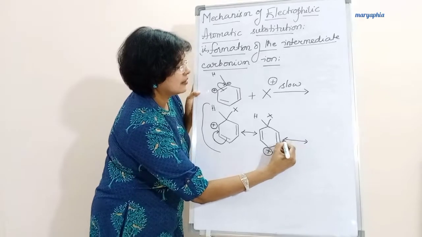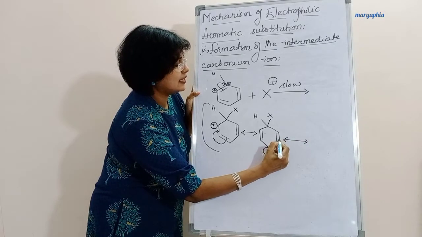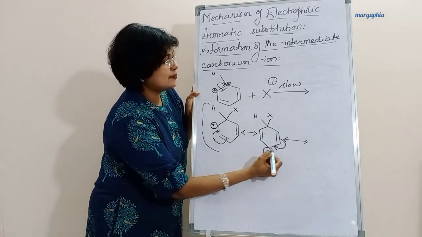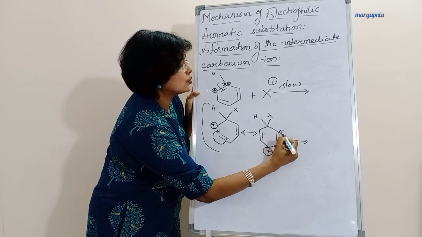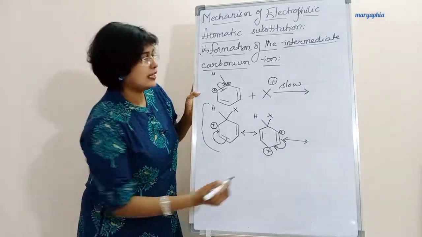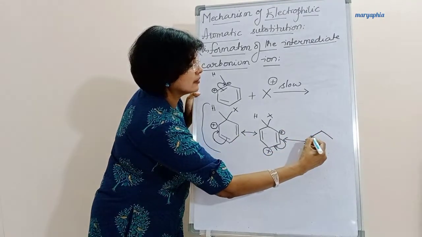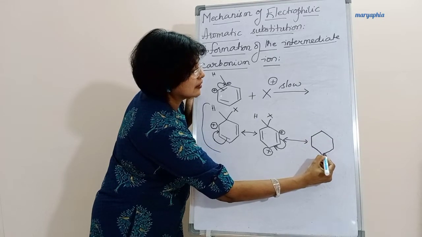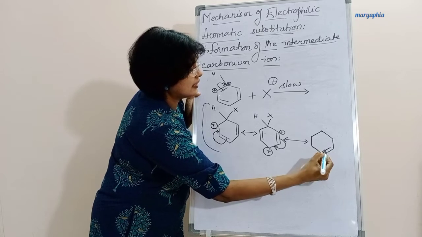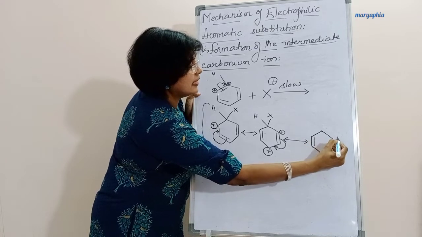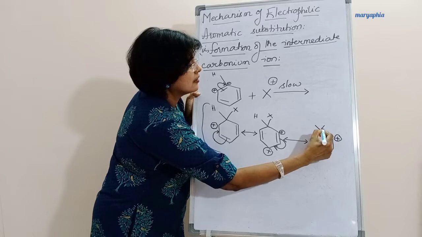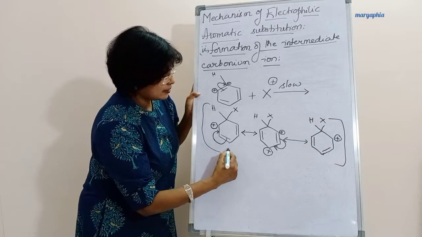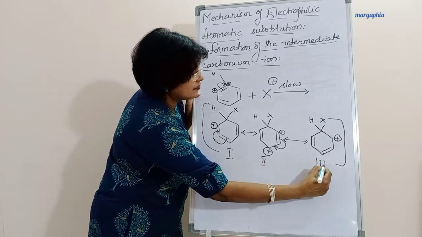Immediately this pi bond is here now, and these two pi electrons will be shifted this side. Now this positive charge moves towards this carbon. Here is the pi bond, and next the positive charge is here, with H and X. You can give them the numbers 1, 2 and 3.